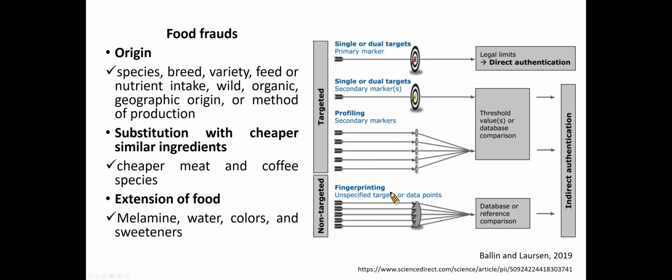In the context of food safety, food frauds can be put into three categories: origin, substitution with cheaper similar ingredients, or extension of food.